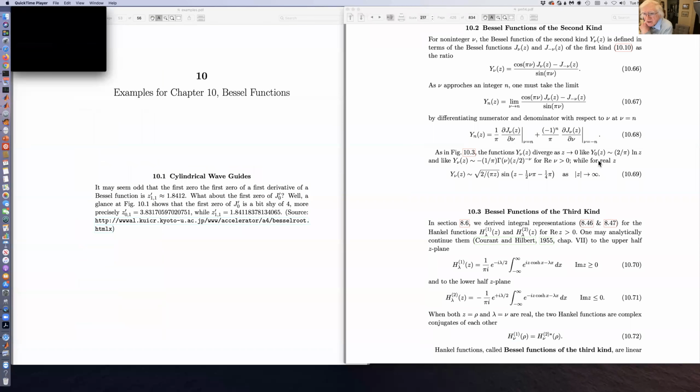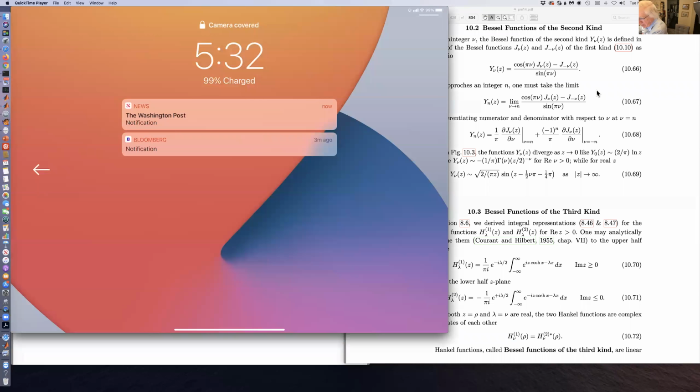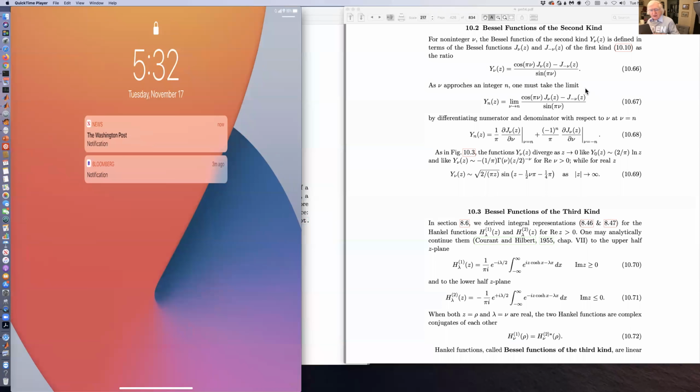It's very annoying. Okay, so let's talk about Bessel functions of the second kind. First of all, the Bessel functions of the first kind are those that are finite at the origin. That is to say, rho equals 0 or x equals 0, whatever the origin is taken to be.